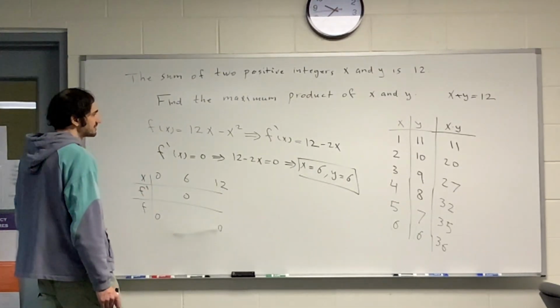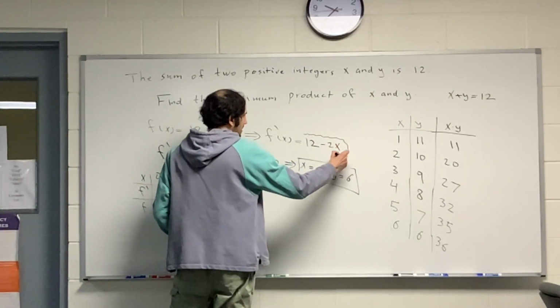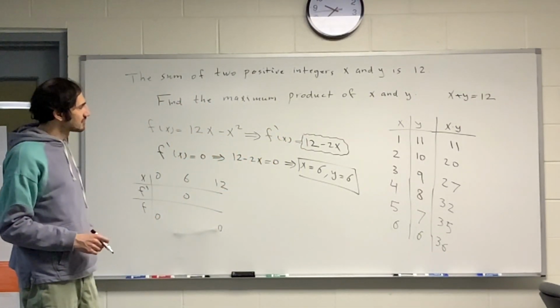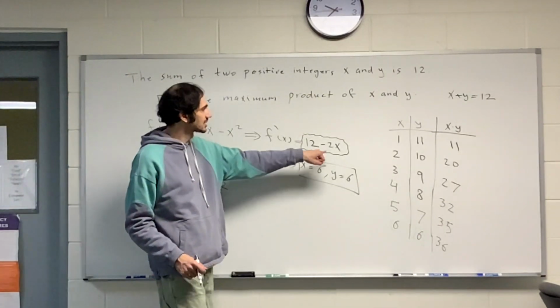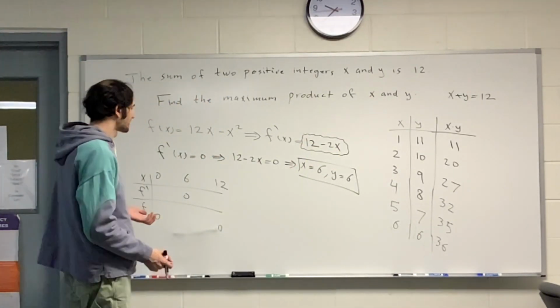And let me check my derivative again. My derivative here is 12 minus 2x. When x is less than 6, for example 5, and you plug 5 here, I'm going to have 12 minus 10, which is 2, a positive number.